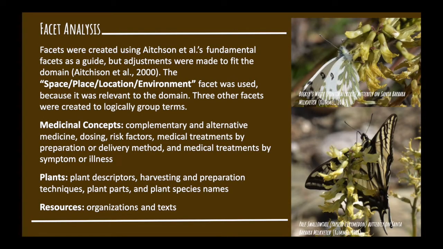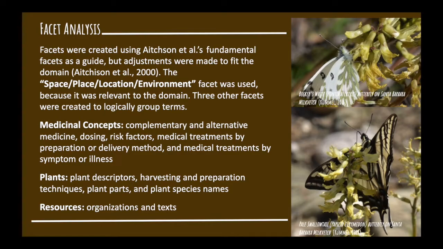We created facets using Aitchison's fundamental facets as a guide, but we made adjustments to fit our domain. We used the space, place, location, environment facet because it was relevant to our domain. We created 3 other facets to logically group the rest of our terms.